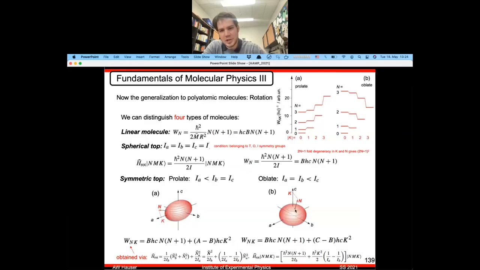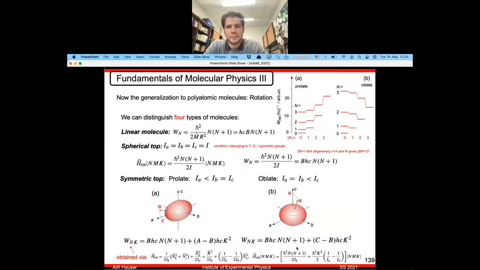So I look at the projection of my angular momentum vector N onto the c-axis, and I'm calling this, in this case here, K. And the formula looks similar. It's just that here I now have C minus B as the term that appears in the energy expression. And yeah, so that is the oblate case.